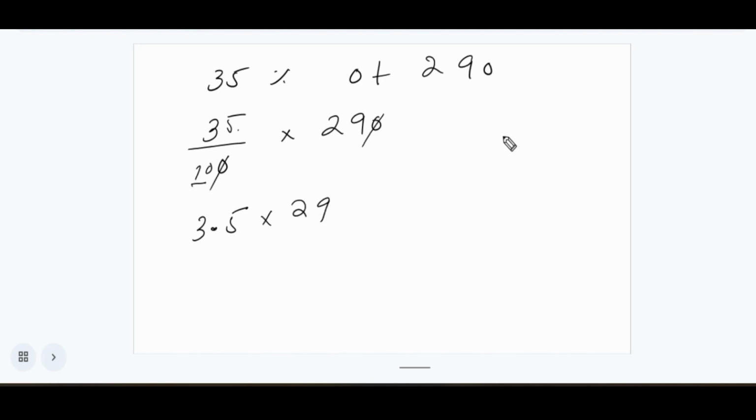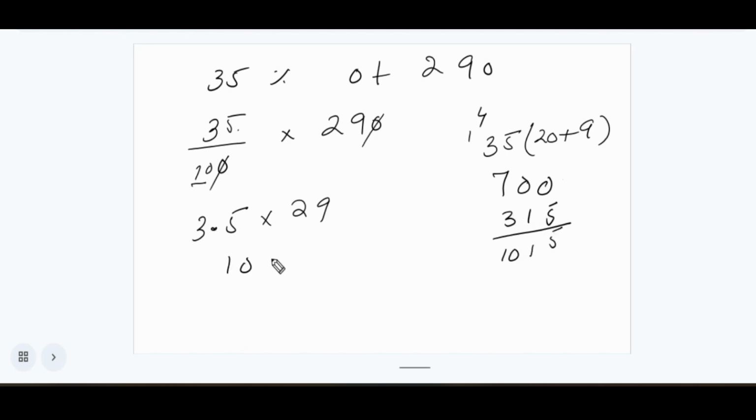Now I can multiply like this, 35 times 29. 2 times 5 is 10, 2 times 3 is 6, plus 1 is 7, and 9 times 5 is 45, 9 times 3 is 27, plus 4 will give you 31. Now we can add these numbers and we have 1015, where your decimal will be placed after one number here. So this is your answer. If you feel this is easier, you can do this.